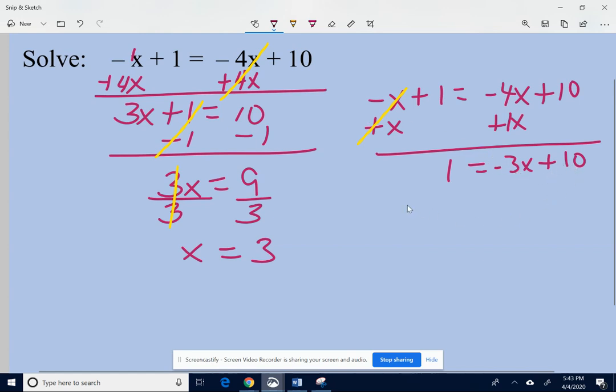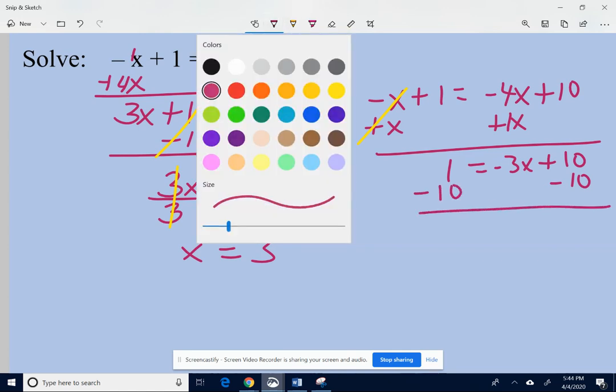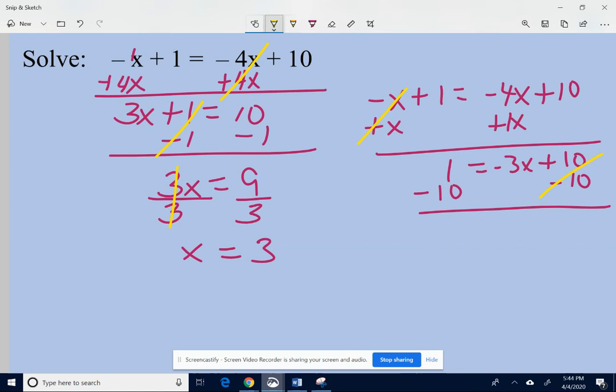Okay, we have all of our x's on the right. Let's get the numbers, the squares on the other side to get the rectangles completely alone. Get rid of an added 10 by subtracting 10. Okay, when we do that, we have 1 minus 10. Okay, think of that as 1 plus negative 10, negative 9.